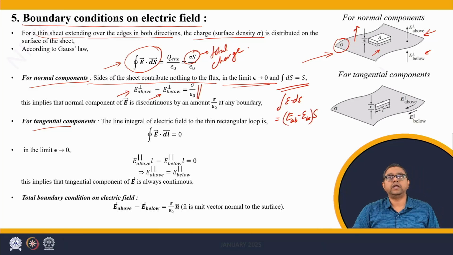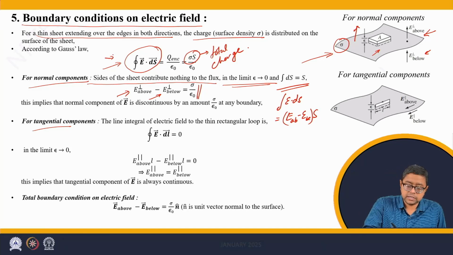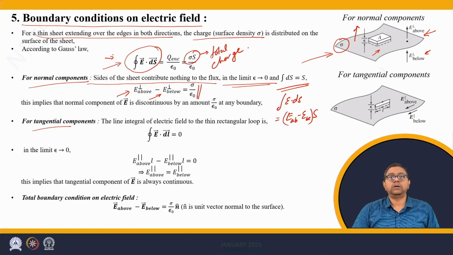One can write integral ds as the difference multiplied by s. Upon equating this to this expression, and substituting this into this expression, we have this expression where the difference in the electric field above and below this thin sheet equals sigma by epsilon.